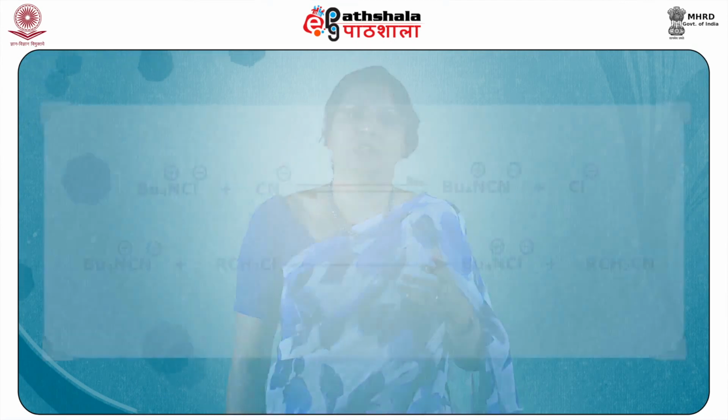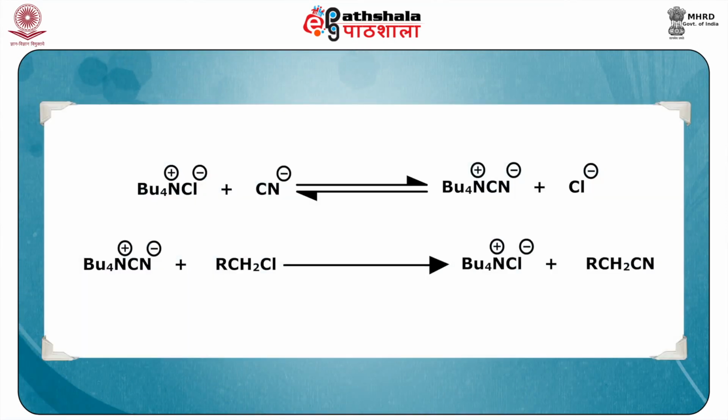For example, you can consider this particular reaction. Here, tetrabutylammonium chloride will be acting as the phase transfer catalyst. This will dissolve the cyanide ion with itself. You can clearly see the positive charge over this tetrabutylammonium, the cyanide will come in place of Cl, and now this is soluble in the organic medium.